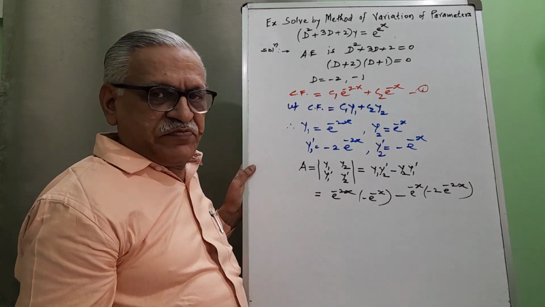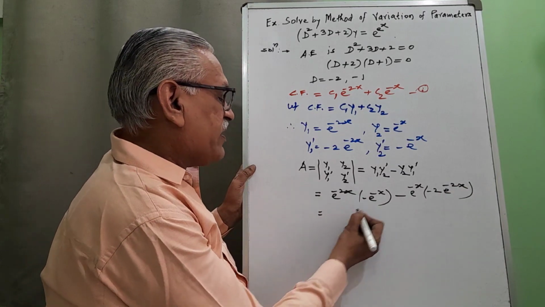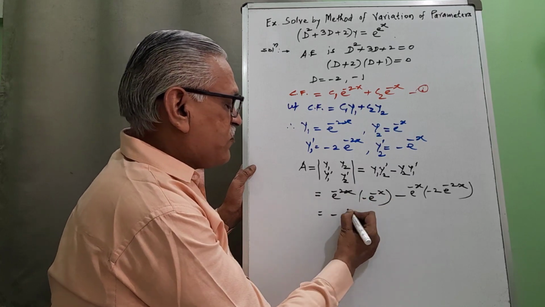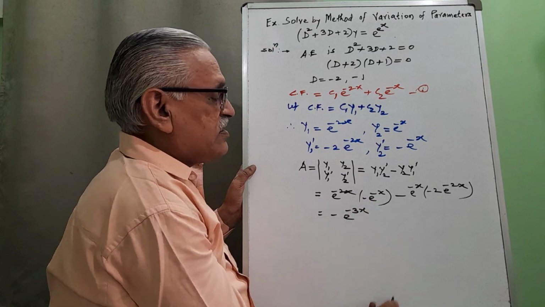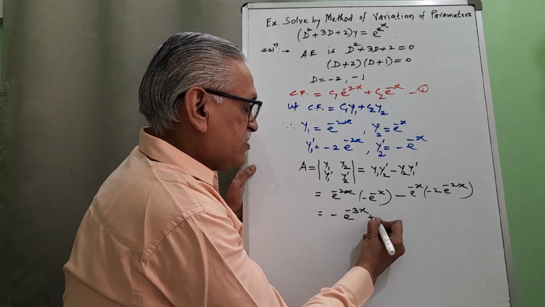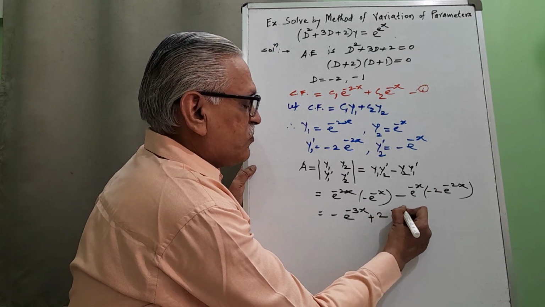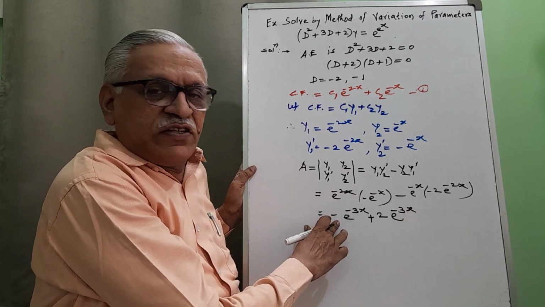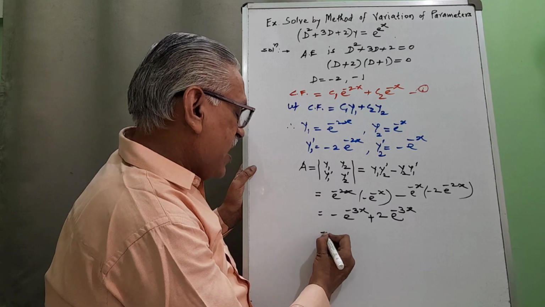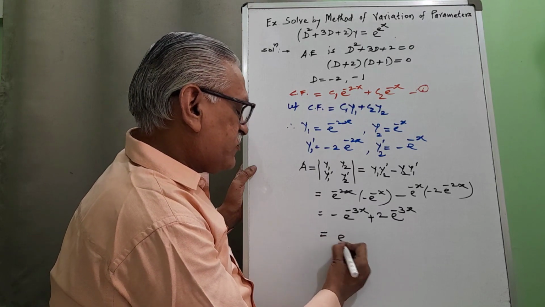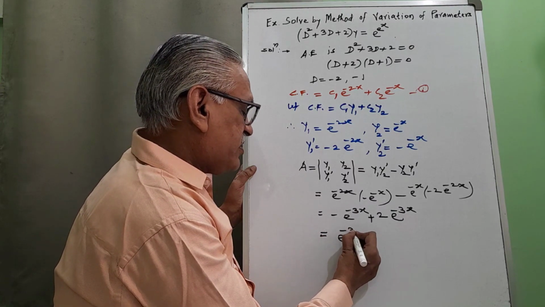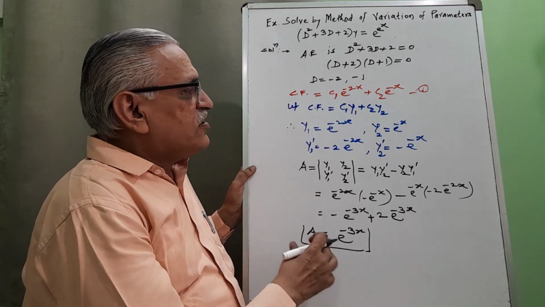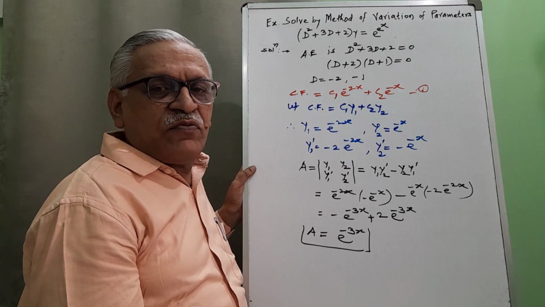Simplifying further, adding the powers, we get minus e raised to minus 3x, minus minus becomes plus 2 times e raised to minus 3x. So 2 minus 1 times e raised to minus 3x, we get the value of A as e raised to minus 3x. Then we try to determine the value of PI.